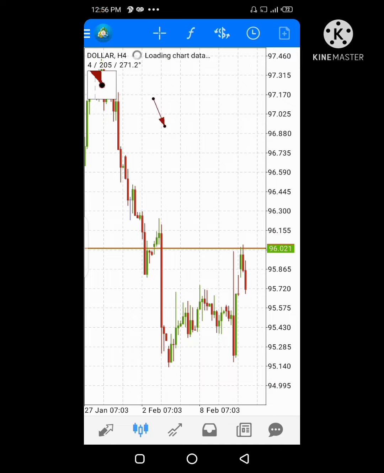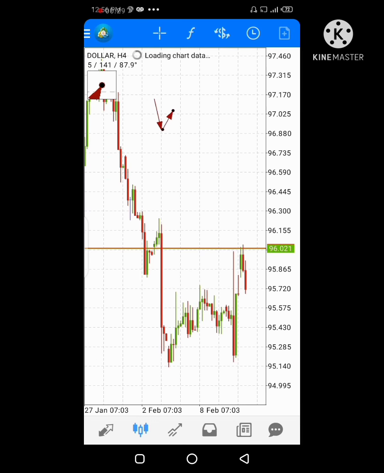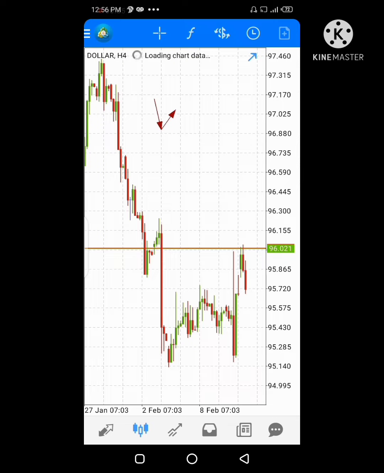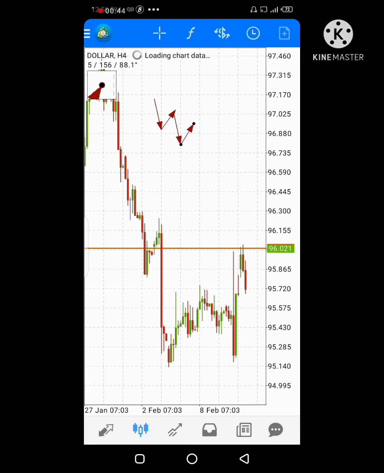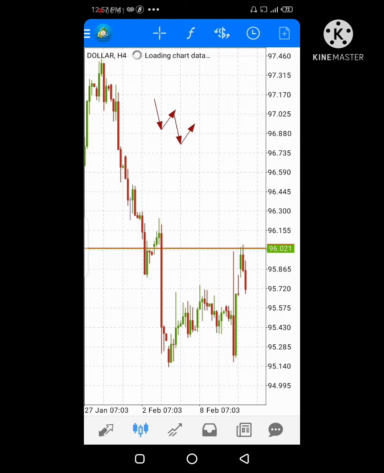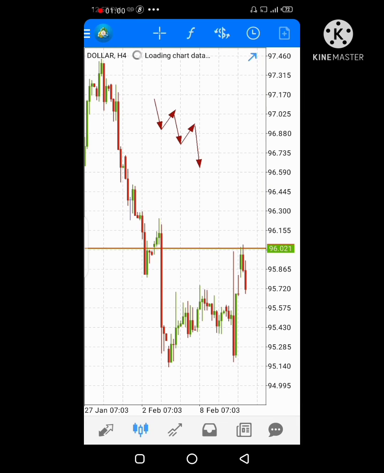So first, in a downtrend, price moves, makes a low and makes a high, then makes a lower low and makes a higher low, makes another lower low, and makes a higher low.